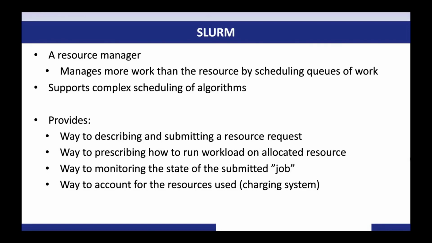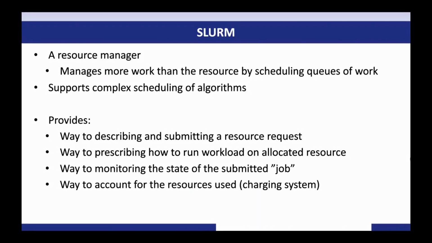Slurm primarily allows more work than available allocatable resources by managing the submitted jobs in queues, in running or pending states. It also provides a mechanism to manifest complex workflows, for example, dependent jobs or arrays of parameterized jobs.